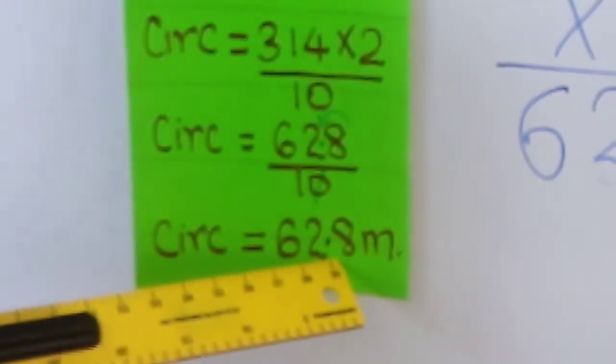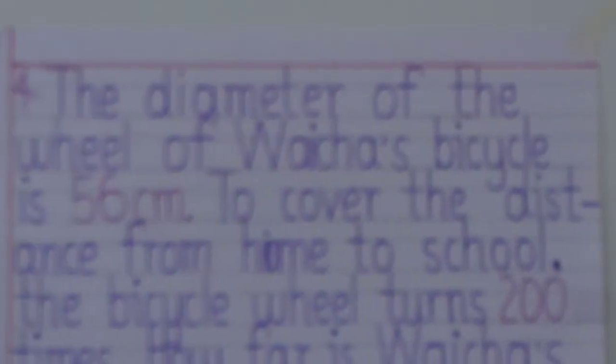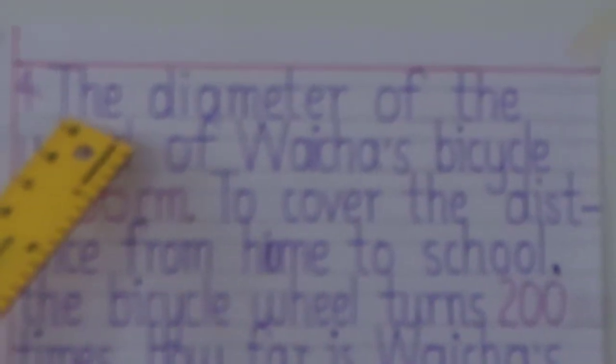Let's go to number 4 in that page of primary mathematics 109. Number 4 reads this way: the diameter of the wheel of Waiche's bicycle is 56 centimeters. I repeat that.